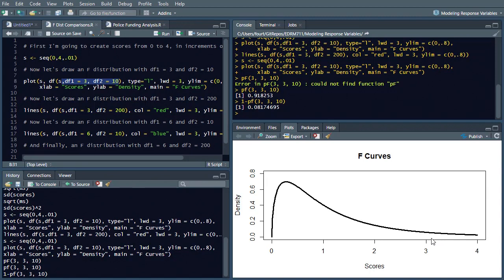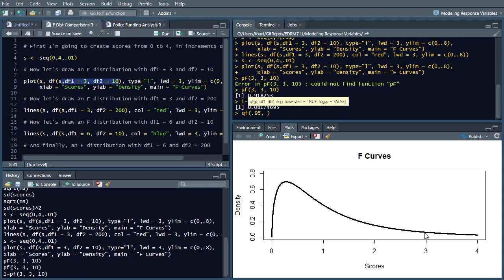That means even if the model is worthless, the possibility of me drawing a sample at random that will give me a mean square model over a mean square residual, that F ratio, that's over 3 is going to be about 8%. This is the way we do all hypothesis testing. If we set our value to be, hey, I don't want to go beyond a 5% error rate, then let's do a qf, and let's give 0.95.